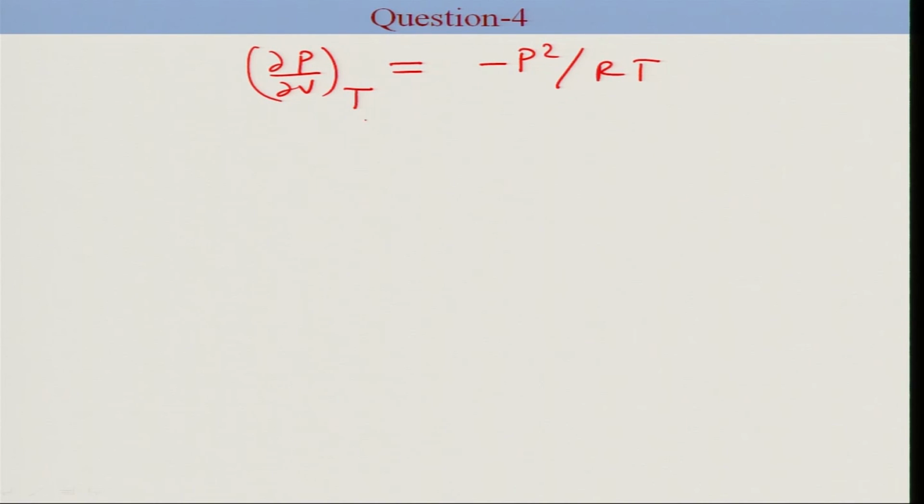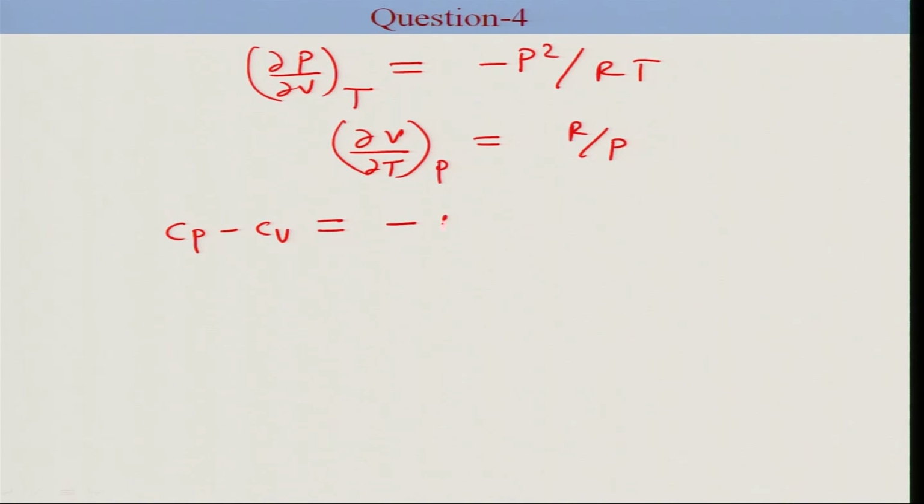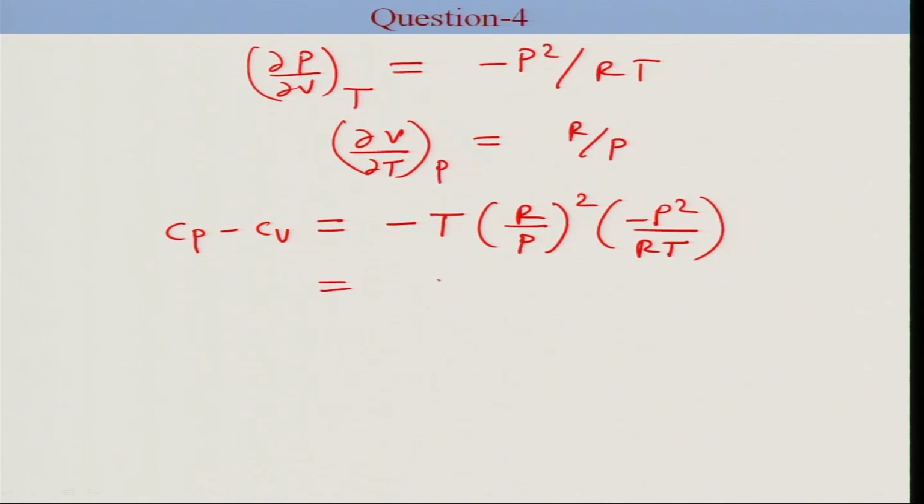Taking derivative with respect to T of that equation of state at constant pressure will give us R upon P. So, substituting all these values, we get Cp minus Cv equal to minus T times R by P square into minus P square upon RT. So, this gives R. So, Cp minus Cv will be equal to R.